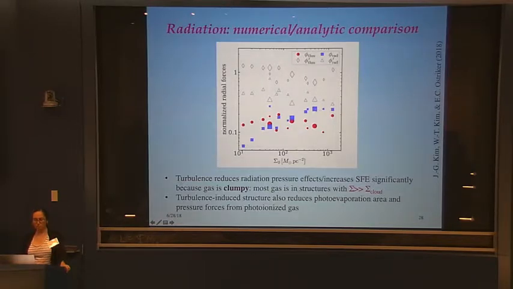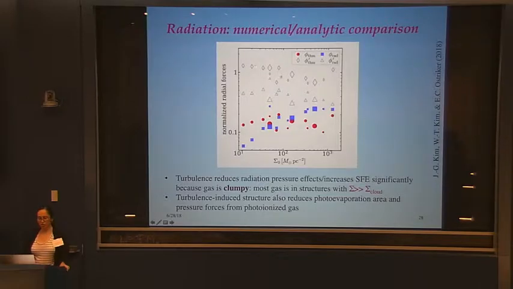And in blue here is the radiation pressure force compared to the analytic estimate, which is L over c. So you can see that turbulence, the fact that this is not a spherical cloud, means that the effectiveness of the feedback is significantly reduced compared to these simple analytic estimates.